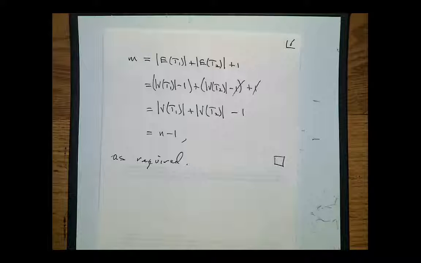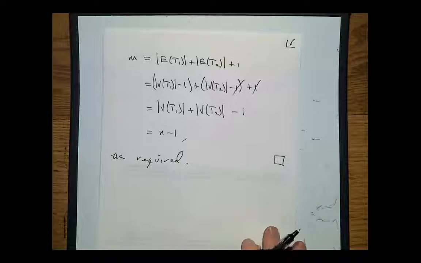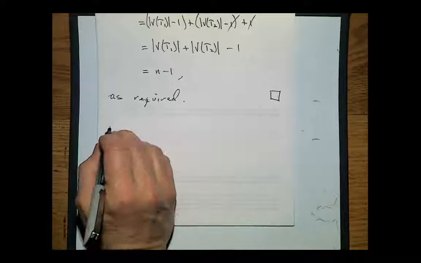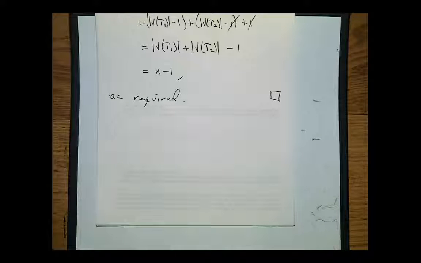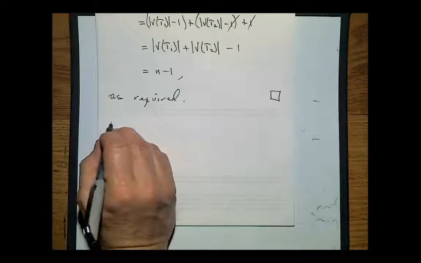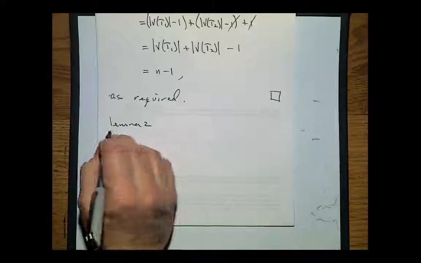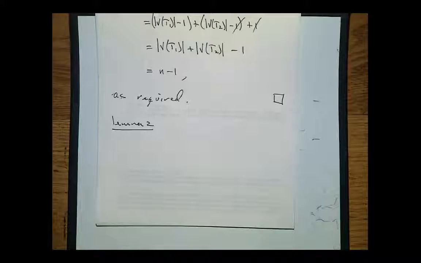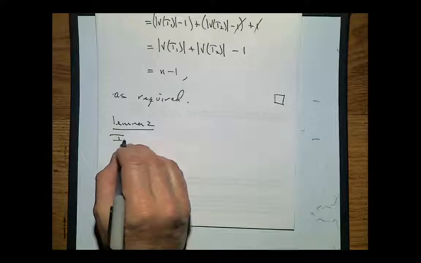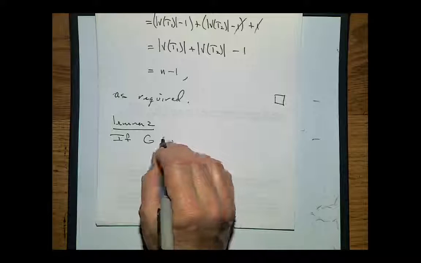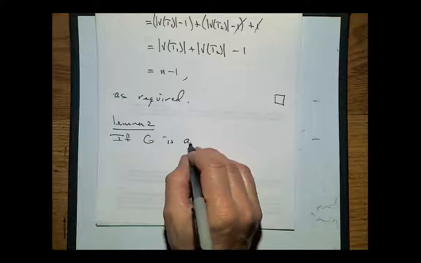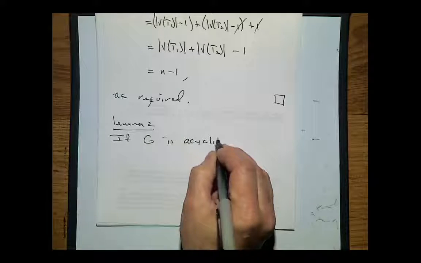So here's lemma 2. This one is not the one I'm talking about. It's the next one after this where you need m. Lemma 2 says if G is acyclic, remember what that means.